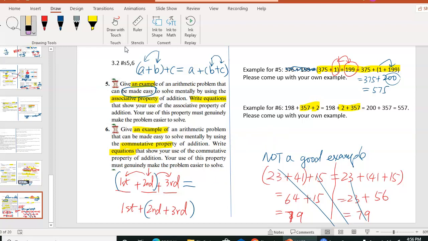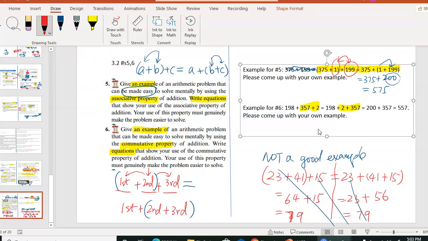Originally we're supposed to do this question, 198 plus 357 plus 2. For the commutative property, you can still have 3 numbers, but when we apply the property, you just apply it on 2 of them. In this problem, I actually use both properties, the associative and the commutative property, so to make it a little easier, I am going to change this slightly here.